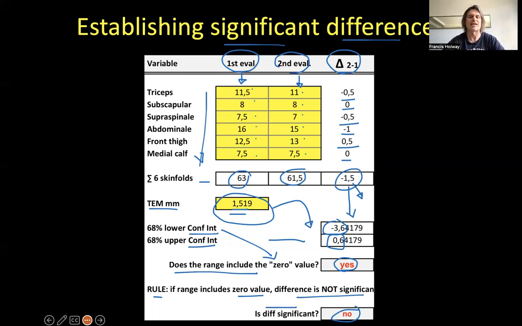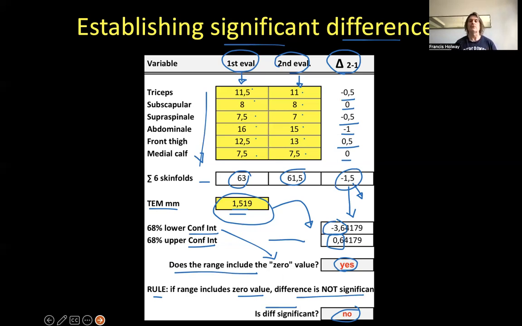So if you're doing a scientific study or trying to see the effect of an exercise program on body fat, or a supplement on body fat loss, or a diet, whatever, you can use this approach to work your data to see if the differences are significant or not. And you can present this data in a congress or in a meeting.